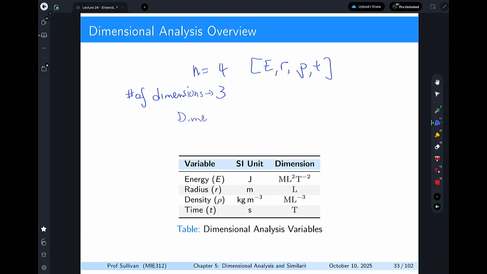And from this, and this is the Buckingham pi theorem, really, I can calculate the number of dimensionless parameters: N minus R equals 1. So I have 4 variables, and I have 3 dimensions: mass, length, and time.